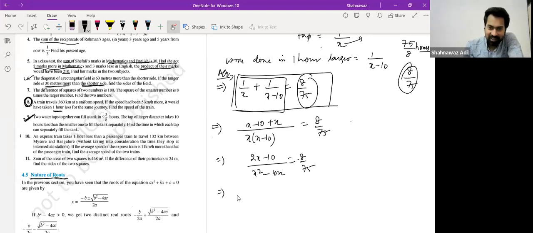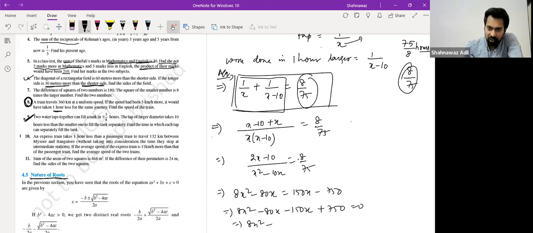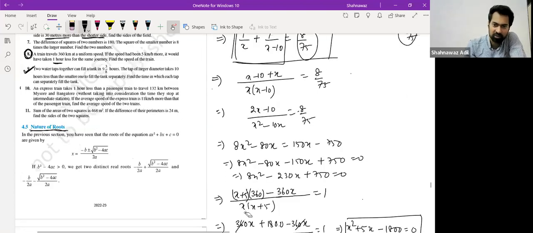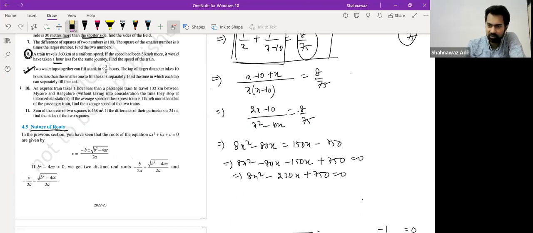So this is 8x squared, this is 80x, and this is 150x, and this is 750. So this is 8x squared minus 80x minus 150x plus 750. So this is 8x squared minus 230x plus 750. How much can we take common from this equation? 2, 4, 5.